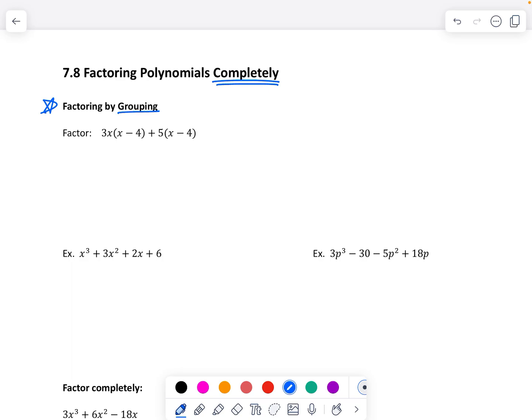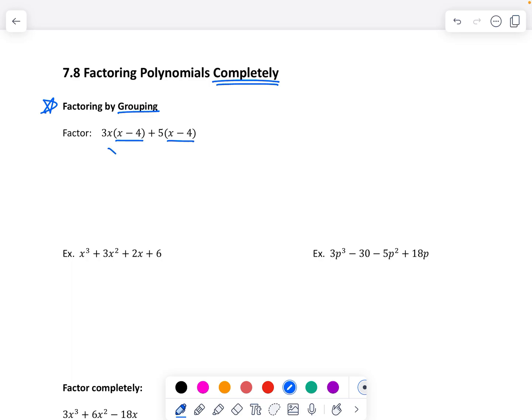If you look at this first example here, it looks different, right? There's parentheses in it. And you can see we basically have two terms here. This is going to be like at the beginning of this second half of the chapter when we were looking for the greatest common factor. I think you'll notice that this parenthesis is a greatest common factor.